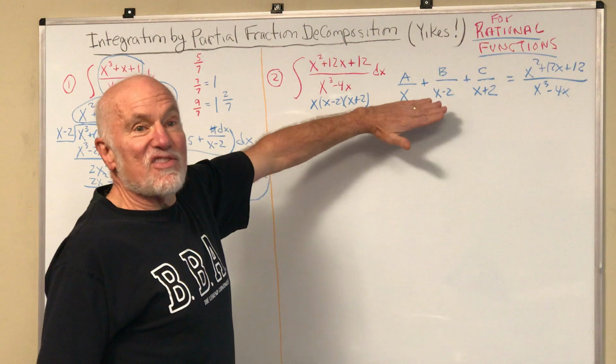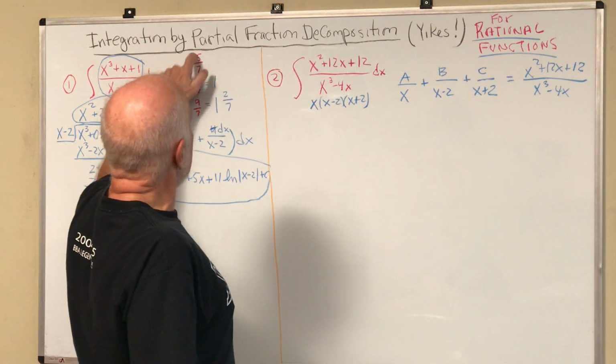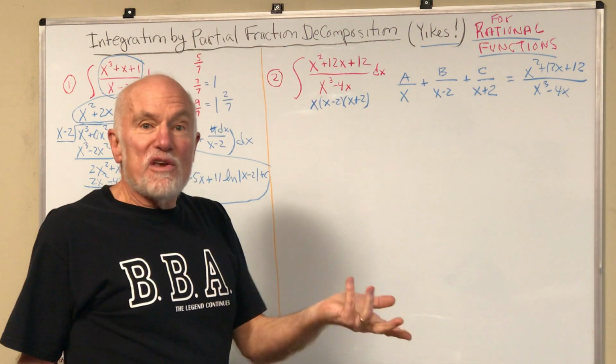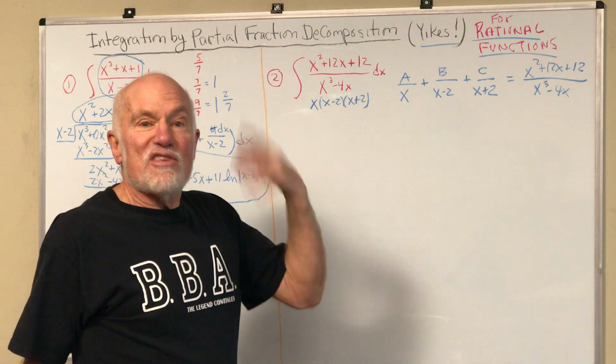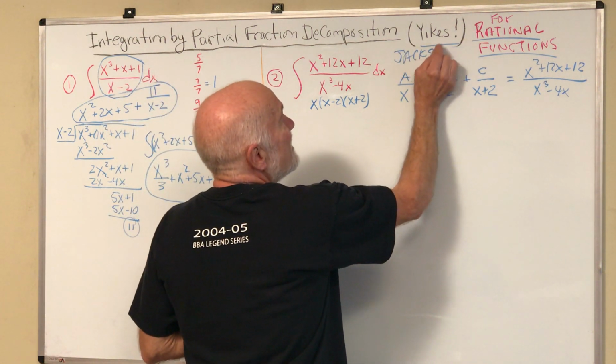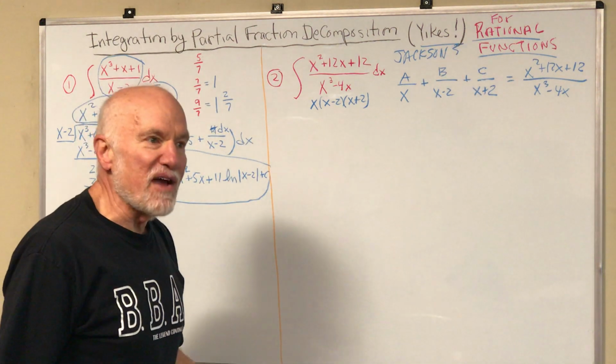Now, because it's a lot easier than this name sounds, partial fraction decomposition, I said, yikes. What I've always done with my students, instead of calling it that, we call it Jackson 5. So it makes it more fun that way.